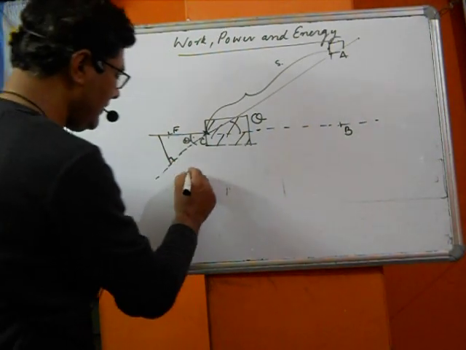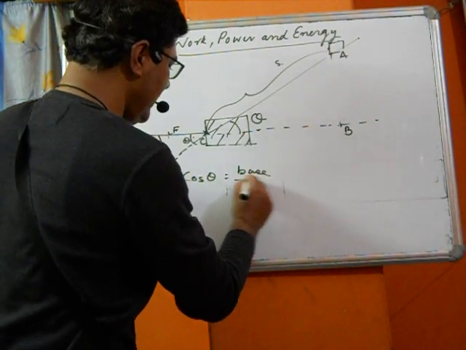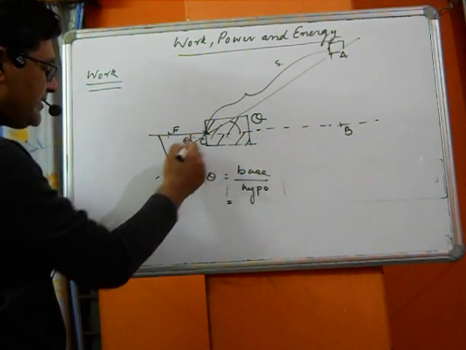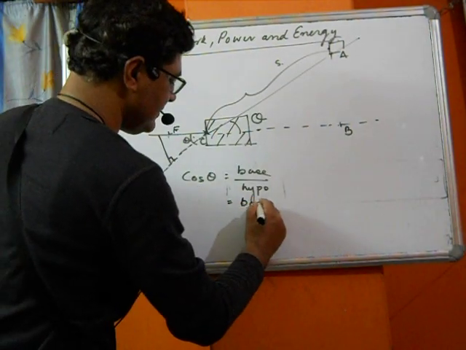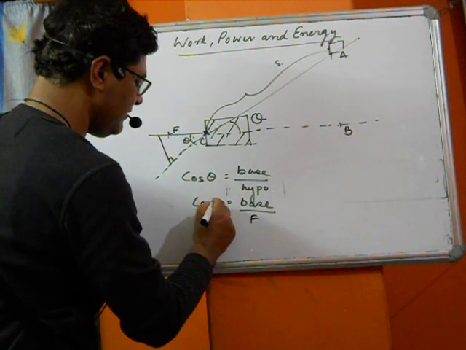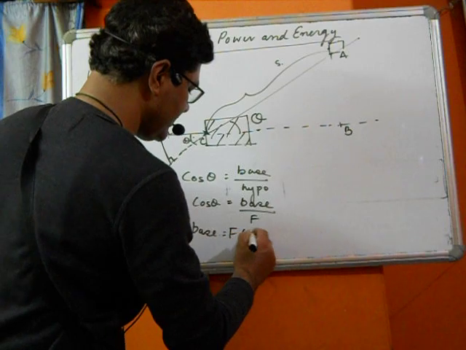Once again, we will apply cos theta equals base by hypotenuse. What is my hypotenuse over here? My base is this. The hypotenuse is F, so the base becomes F cos theta.